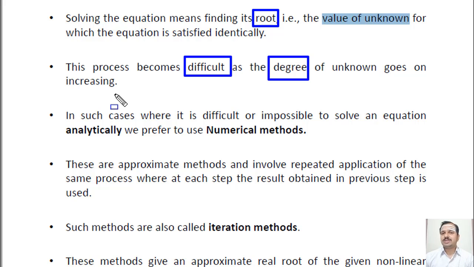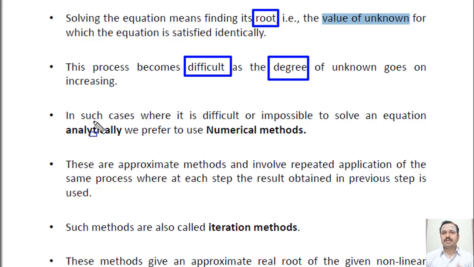The analytical methods are those which give us the solution in a closed form, and in most cases the exact solution.